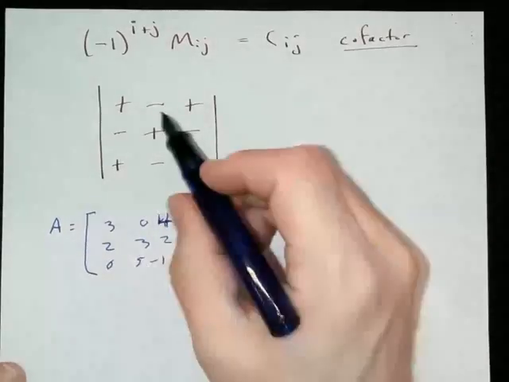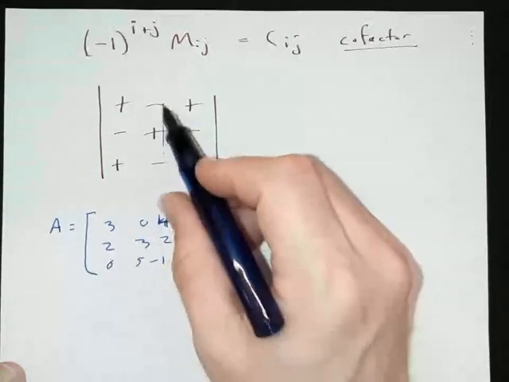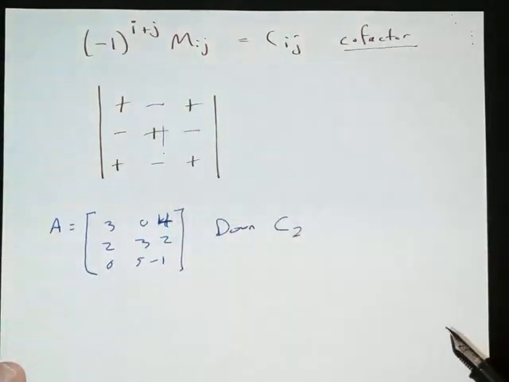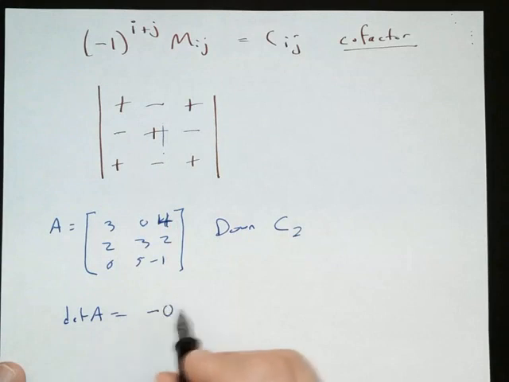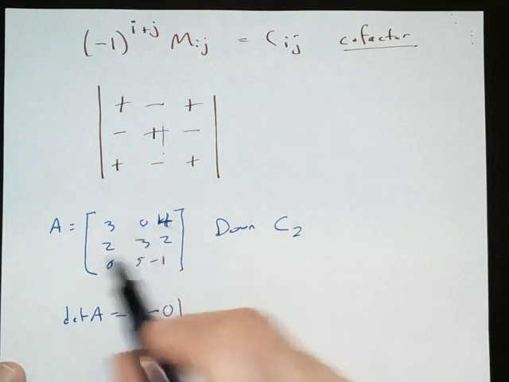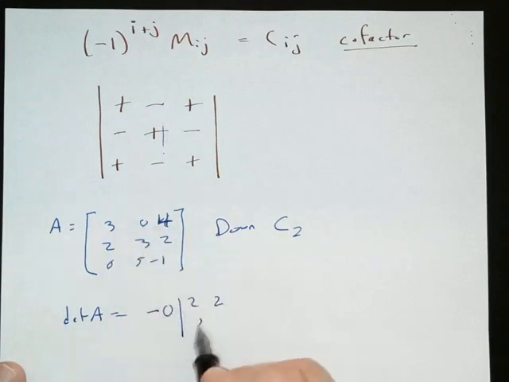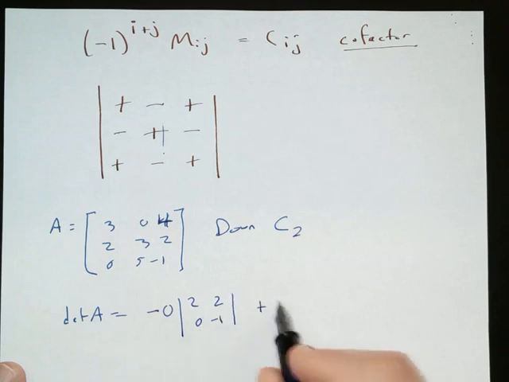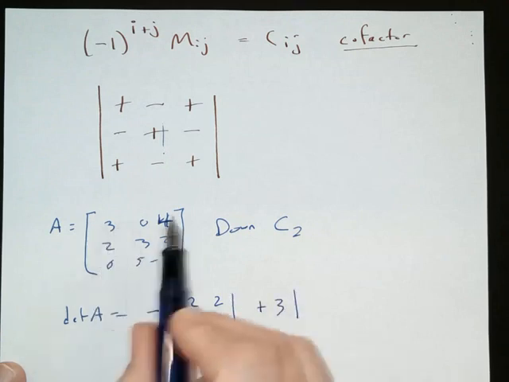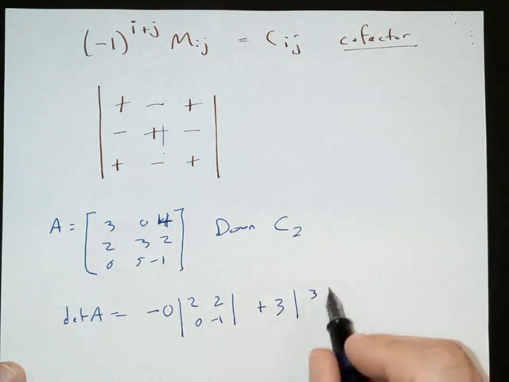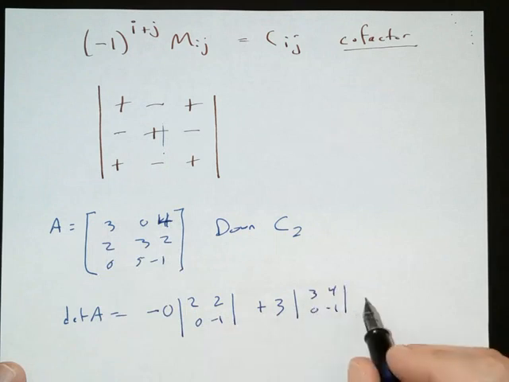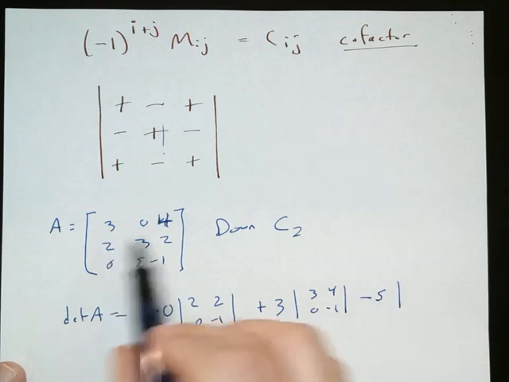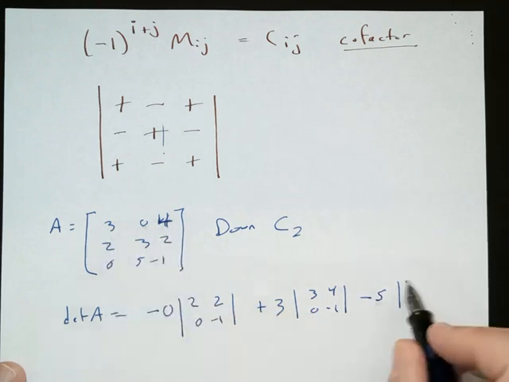Okay, if that's the case, look at my signs. The first one's a minus. -0 times 2, 2, 0, -1. Plus 3 times 3, 4, 0, -1. Minus 5 times 3, 4, 2, 2.